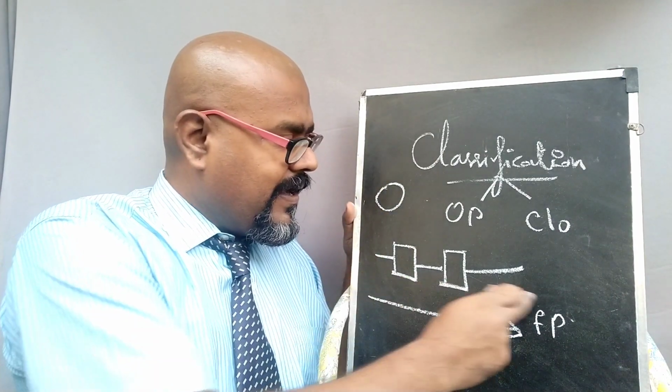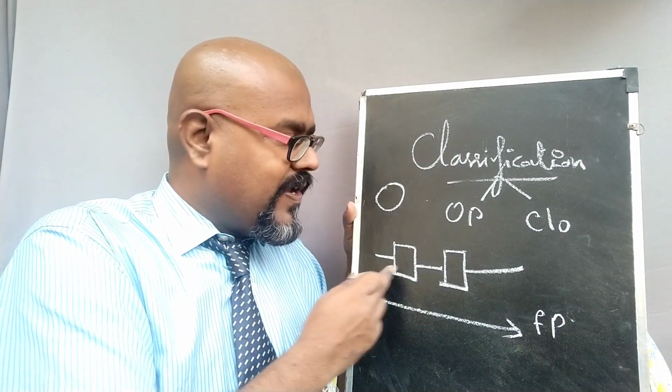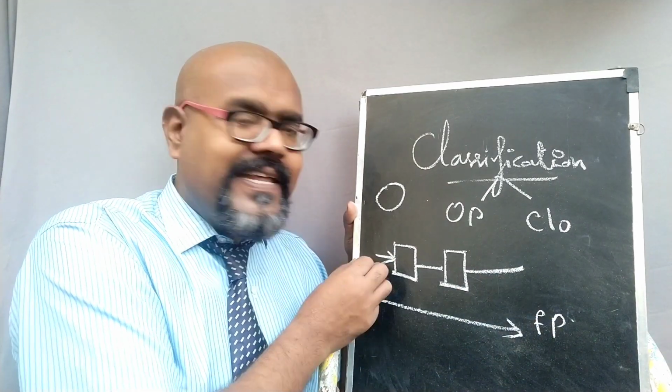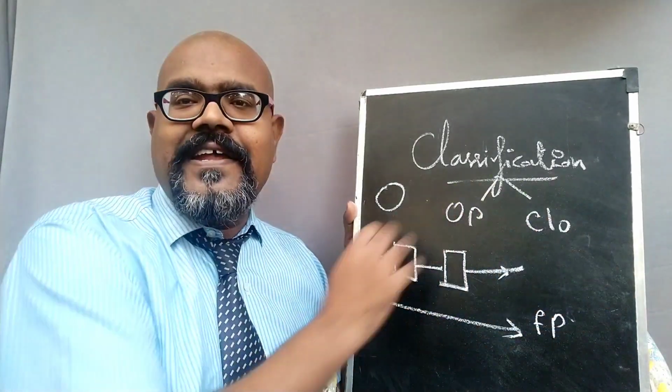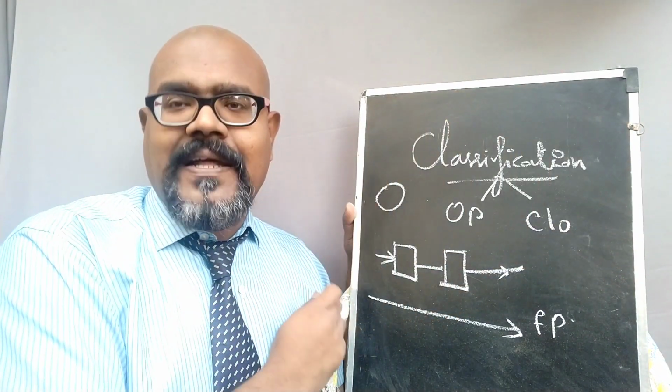In our previous examples and the basic examples, we don't have any loops. We just have the forward path. The input starts here and the output response ends here. There is no loop because it starts from one point and ends at the other point.